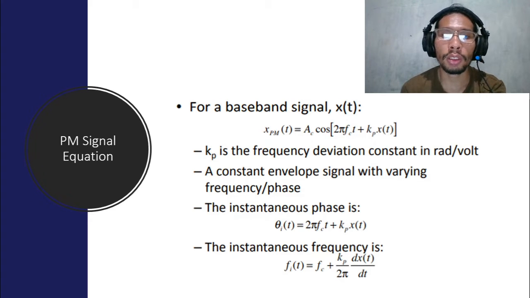Kp is the deviation constant in rad per volt, while it is a constant envelope signal with varying frequency or phase. The instantaneous phase theta of t is equal to 2 pi times the frequency of the carrier signal multiplied by the time plus kp times the baseband signal, or x of t.